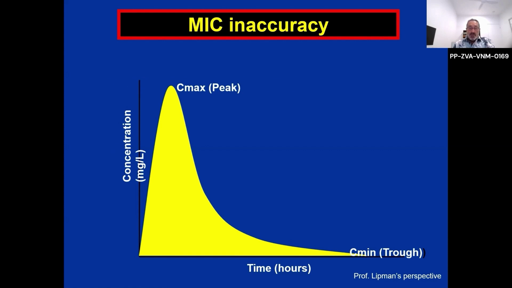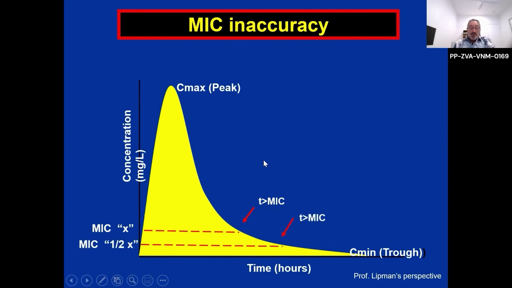So let's just look at the slide again, this yellow curve of concentration over time, and plot an MIC, which here would be an MIC of X, of 0.25, for example. And that would be the time above MIC. But as Mouton and Turnidge in that article showed, there could be a dilution of 2 different, so that actually the organism's MIC may be less than 0.25, maybe 0.125, in other words, half that level.